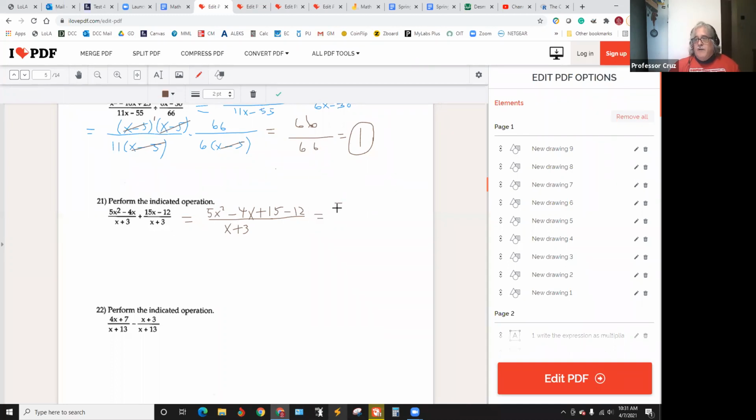So it looks like 5x squared. There's only one x term. Oops, I'm sorry. It is 15x. Take that back. There's only one constant term. So negative 4 and plus 15 is negative 11x. And then there's just a minus 12 there.